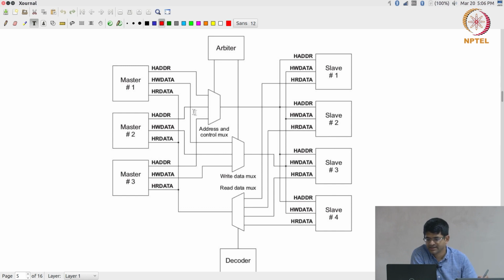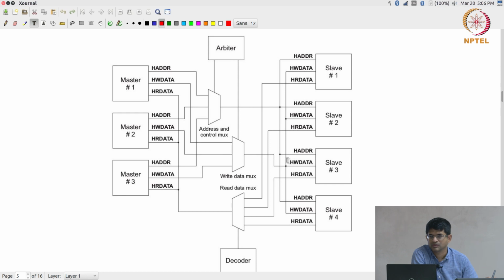The point is this middle portion, which essentially corresponds to what I have broadly marked as arbiter with some signals coming out of it. And as you can see, effectively what that arbiter is doing is it is sending a select signal which decides which of these masters M1, M2 or M3 is going to be responsible for the H address signal that is coming out here, okay? And similarly which of them is going to generate the HW data that comes out over here, okay?